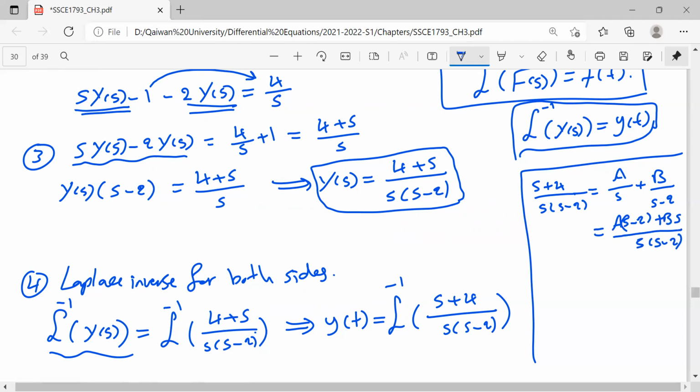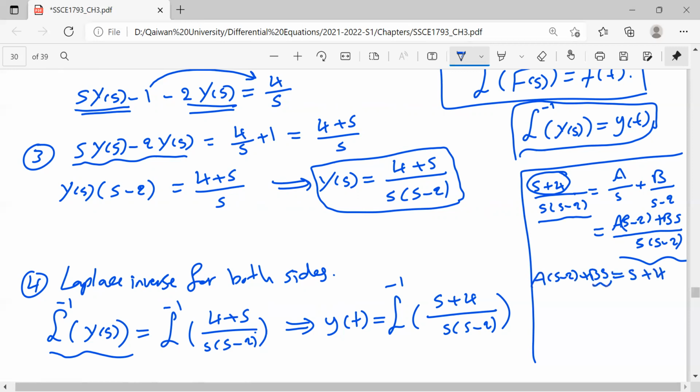This fraction equals this fraction, so the numerators are equal. That means A times s minus 2 plus B times s equals s plus 4.